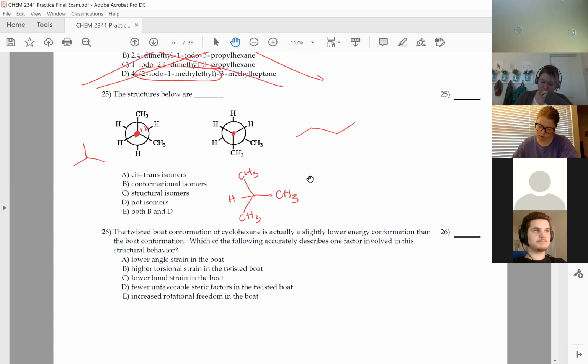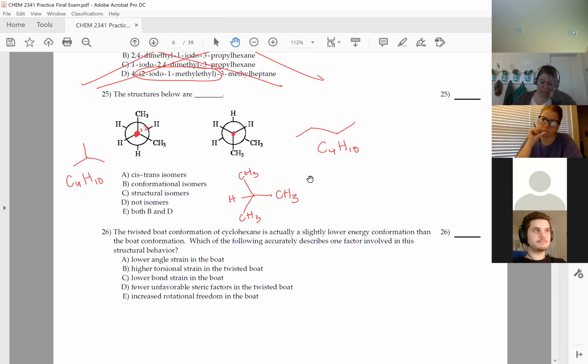C4H10. Okay, and what is the formula of butane? C4H10. Okay, so are these cis-trans isomers of each other?